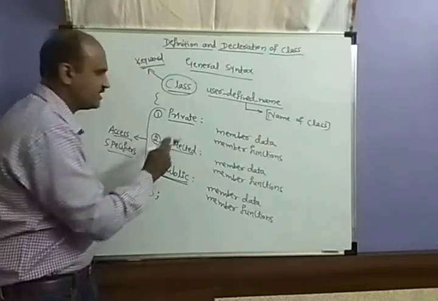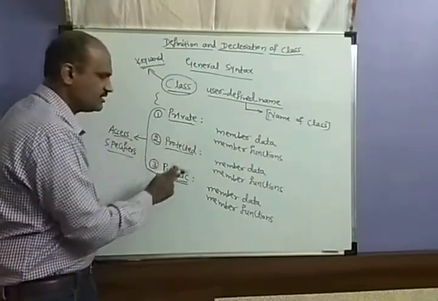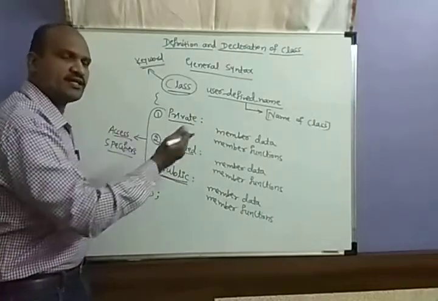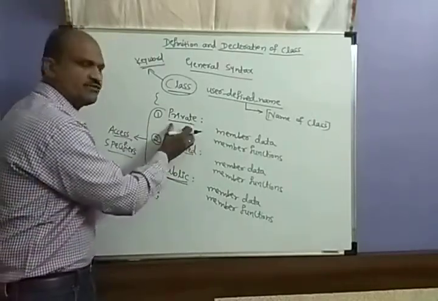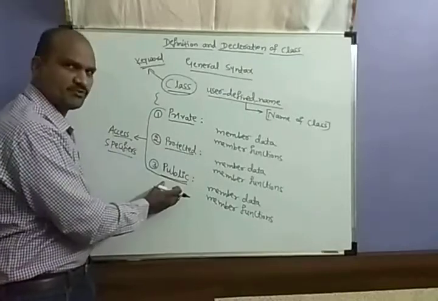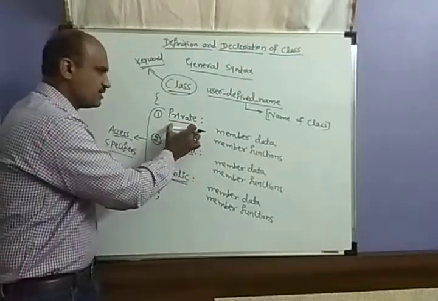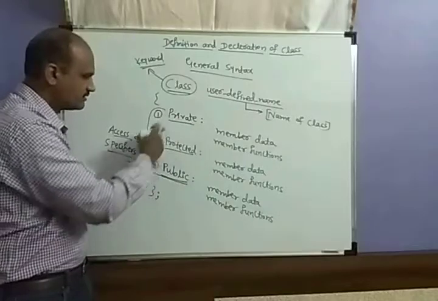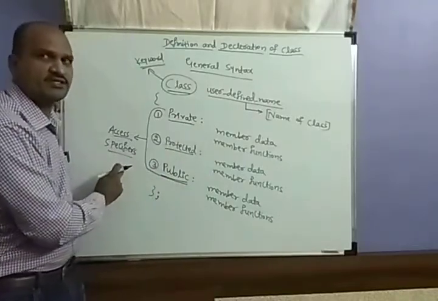Which are the access specifiers? Private, protected, and public. In a later class, we will discuss in detail what is private, what is protected, and what is public. Now, you should know these 3 are the access specifiers in the class.